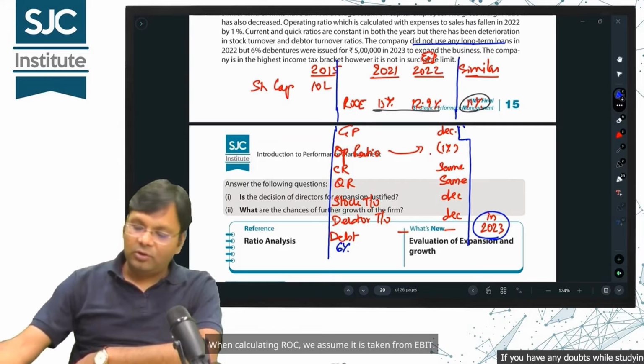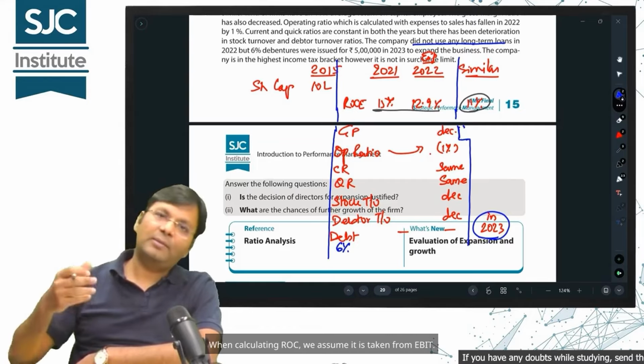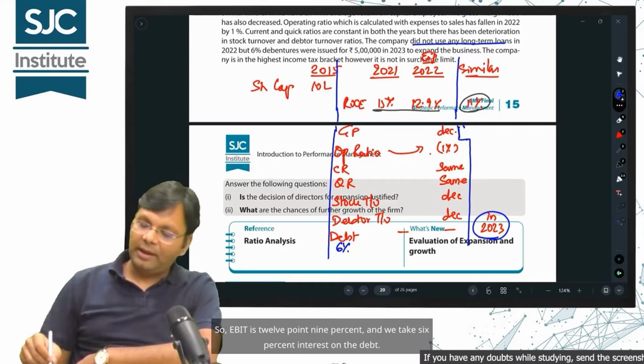When calculating ROC, we assume it is taken from EBIT. So, EBIT is 12.9% and we take 6% interest on the debt. There will be tax savings on that too. The cost of interest will reduce further and we can service it comfortably. So, it seems we can expand. That's what it looks like so far.